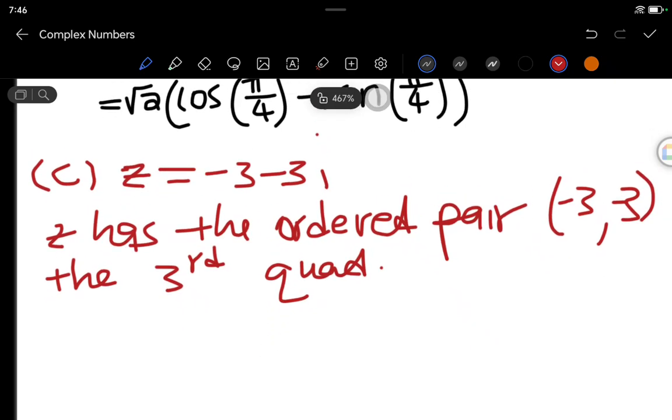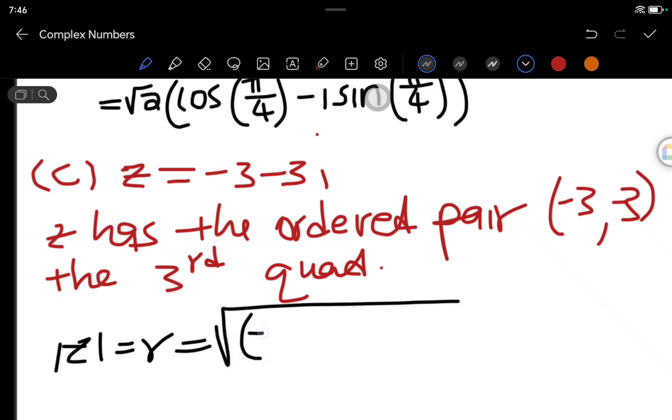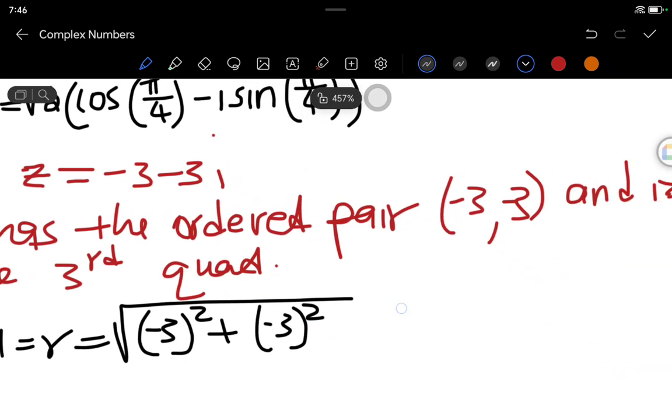So first we find the modulus. This will just be minus 3 squared plus minus 3 squared. So this is just going to be 9 plus 9, which is 18. And root 18 is 3 root 2, right?